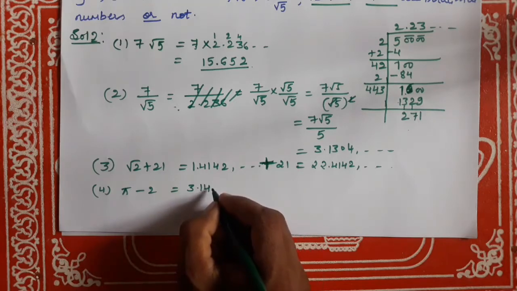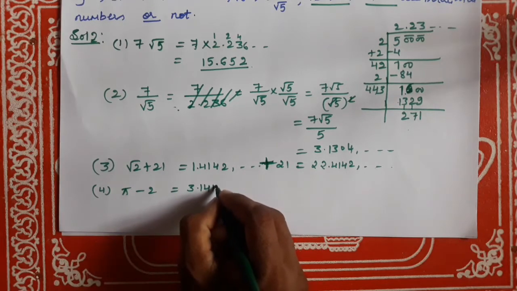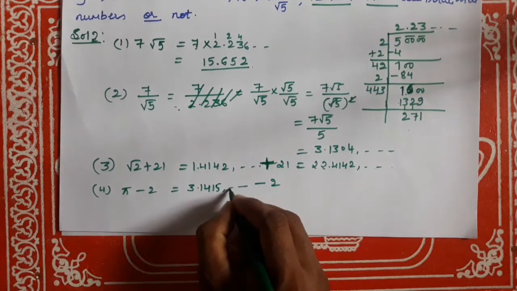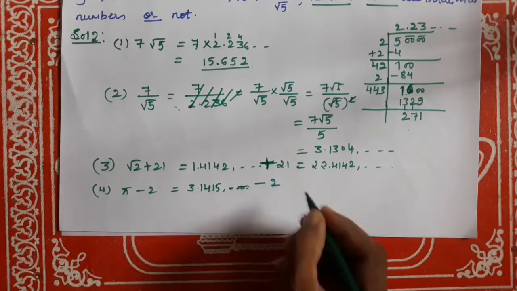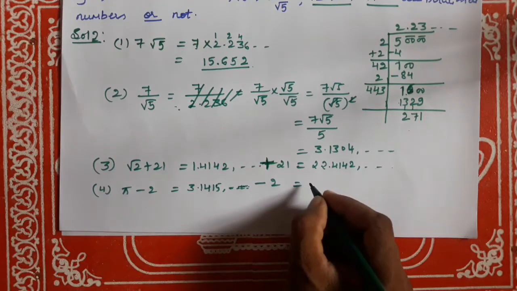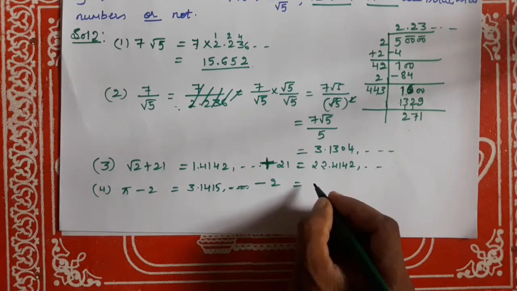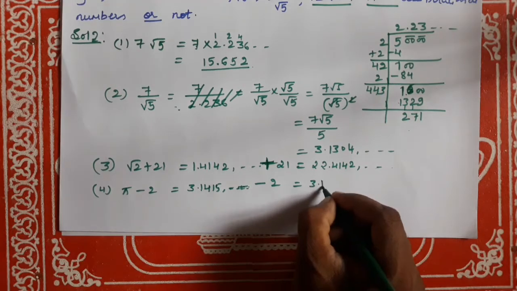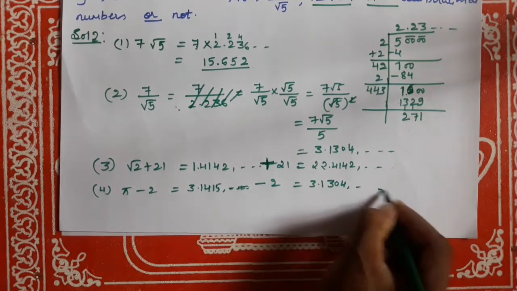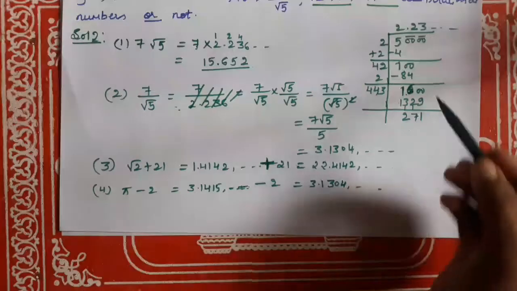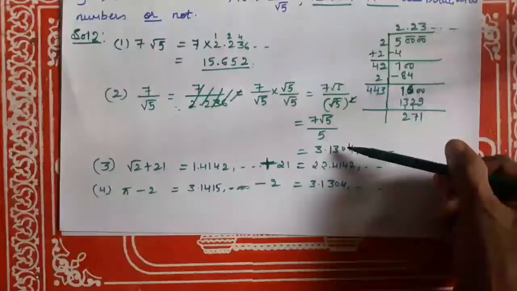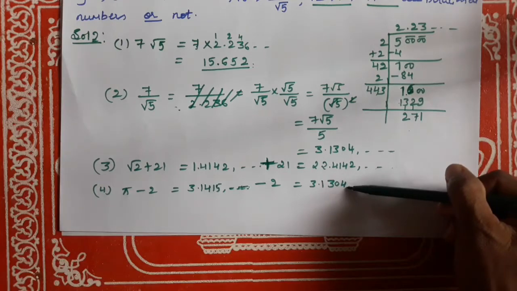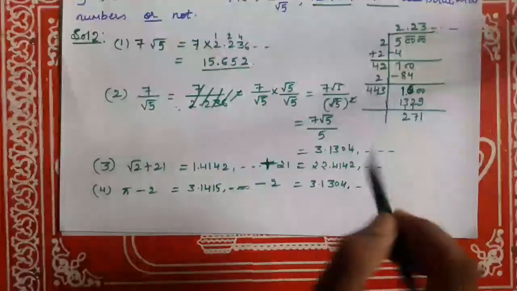Actually 3.1415 and so on, minus 2, which is equal to 3.1304 and so on. Dear students, all these are non-terminating, non-recurring decimals, so all these are irrational numbers.